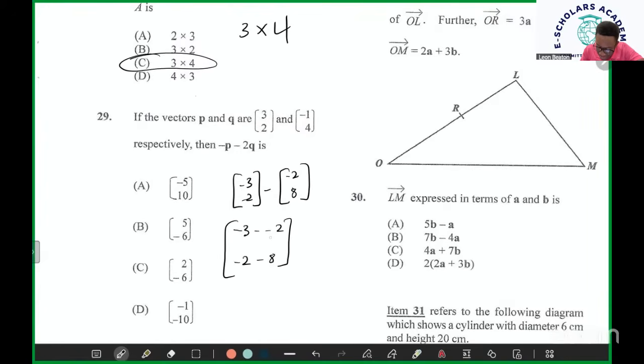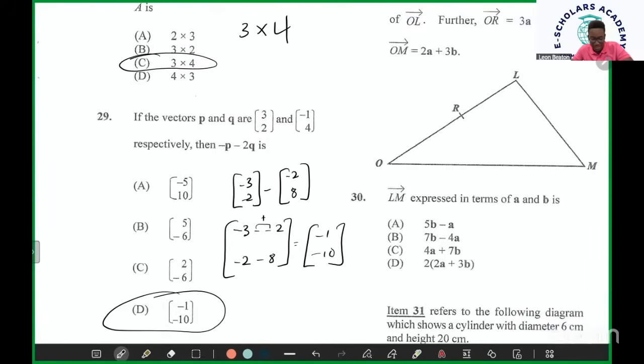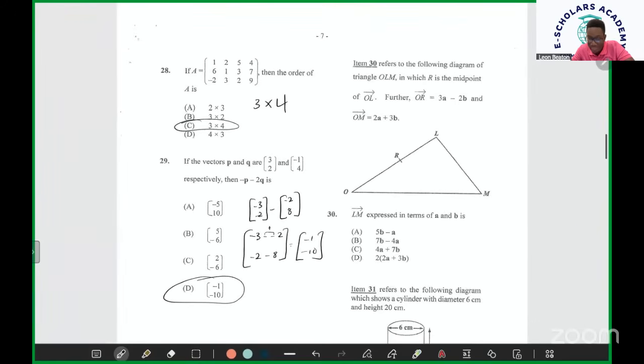So -3 minus -2 will turn into plus, so -3 plus 2 is -1. Only one has a -1, so we'll stop there. But -2 minus 8 is -10. So nice and easy, cool and calm.